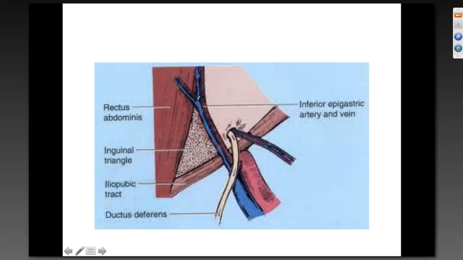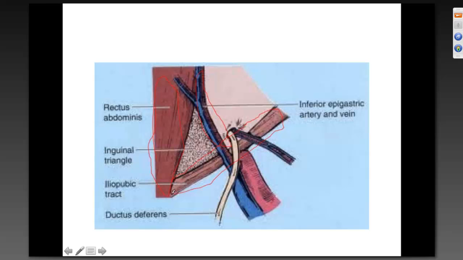All right, so we have here the inferior epigastric artery, rectus abdominis here, and over here, just because they're up more superficially, they're pointing out the iliopubic tract.